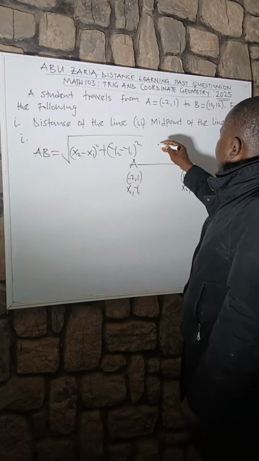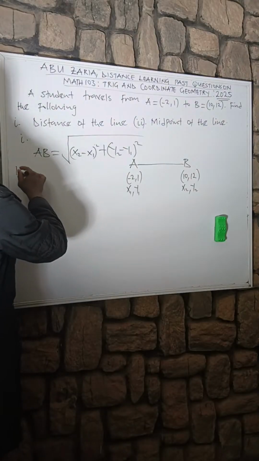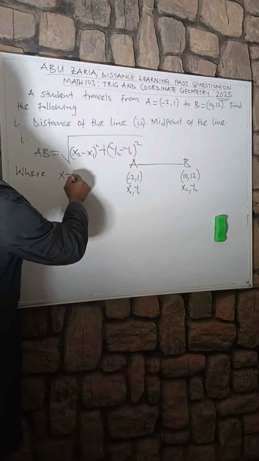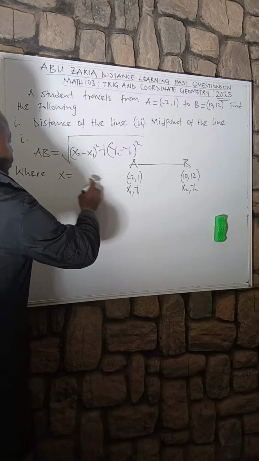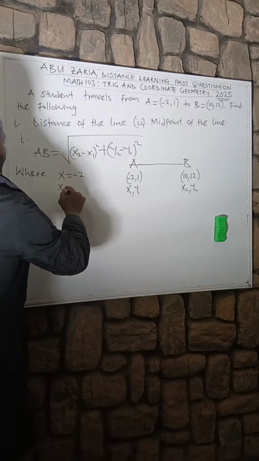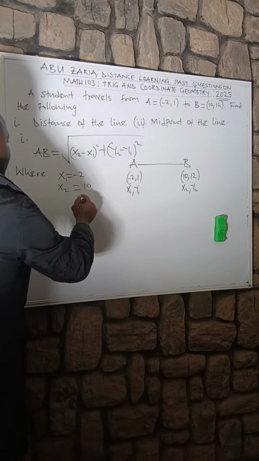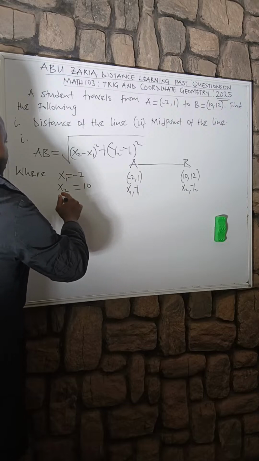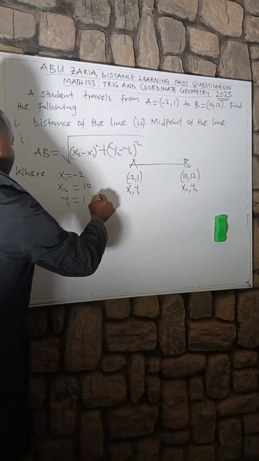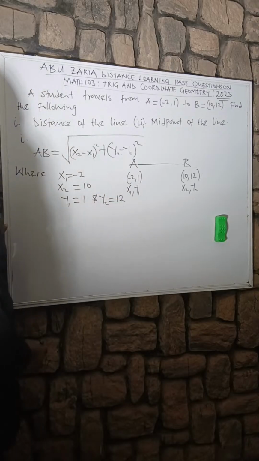So x1 equals minus 2, x2 equals 10, y1 equals 1, and y2 equals 12.